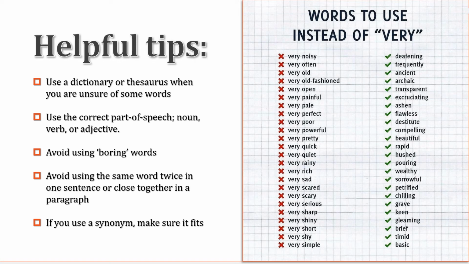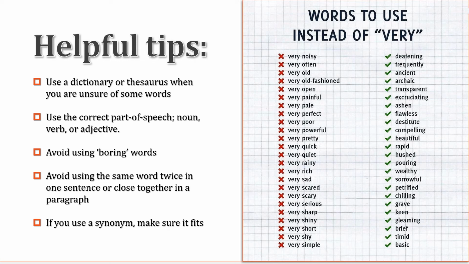And now in conclusion, just some additional helpful tips. Always use a dictionary when you are unsure of some words. Do not just assume. Use the word in the correct part of speech, so you should know if this word is a noun form, a verb form, or an adjective. Try to avoid using boring words.